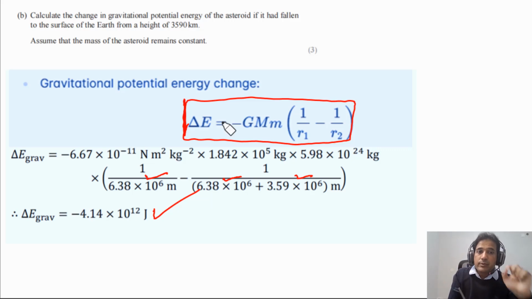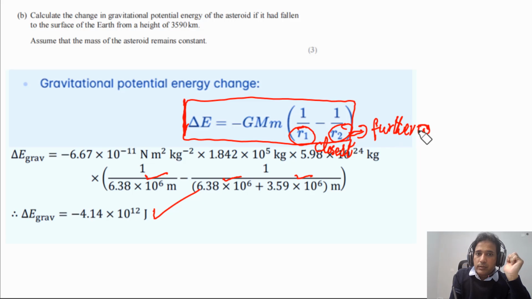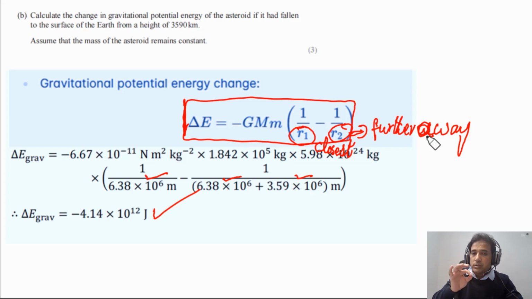If you simply remember this formula, this is the closest distance, and this is further away. You can also remember this formula, otherwise you should be able to derive it. Derivation is important because that will give you understanding.